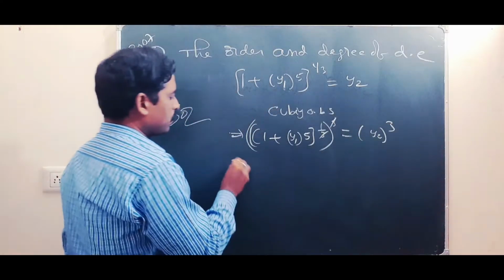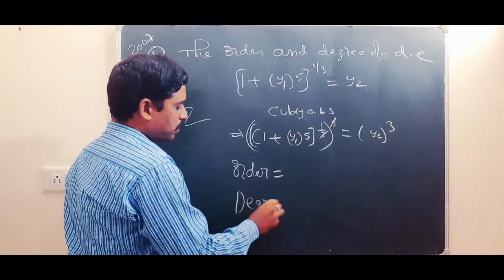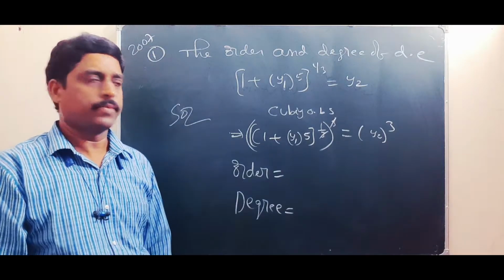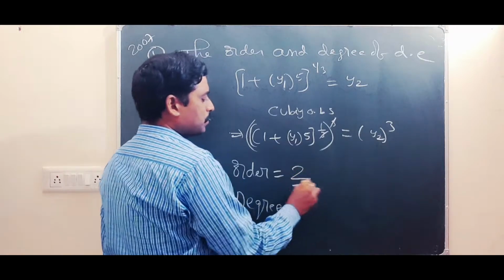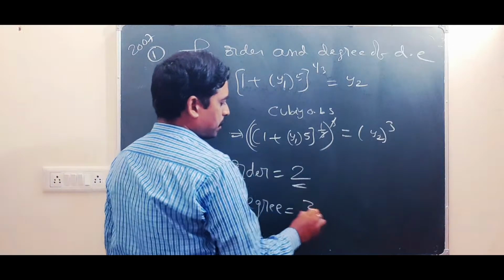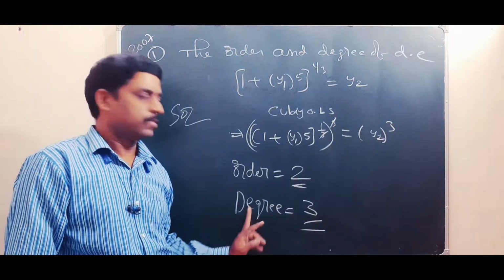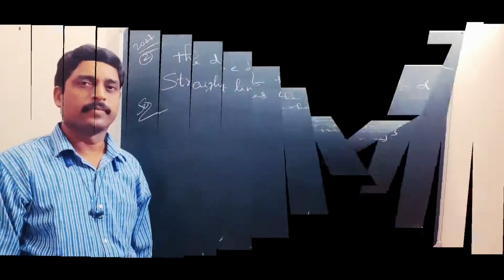The 3 gets cancelled. First we have to find order as well as degree. So what is the order? Highest derivative of the differential equation. In this, the highest derivative is y2. The order is 2. Power of highest derivative: 3. Degree is 3.